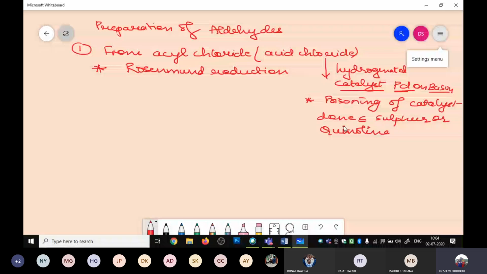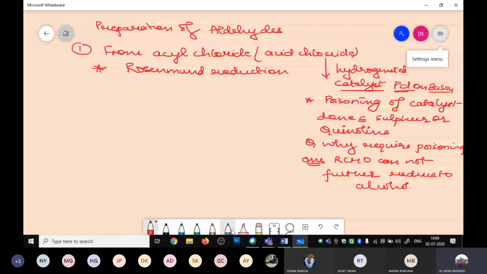We require the poisoning of the catalyst here so that your aldehyde cannot be further reduced to alcohol.